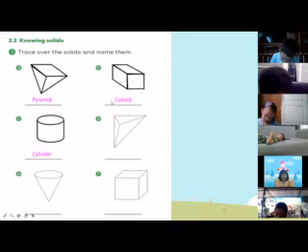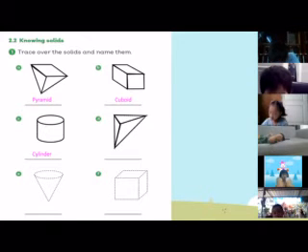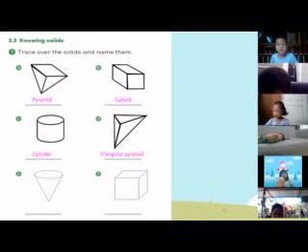Okay, let's do D. So we're going to trace out D. So D has 4 triangular faces. And this is called a triangular pyramid.